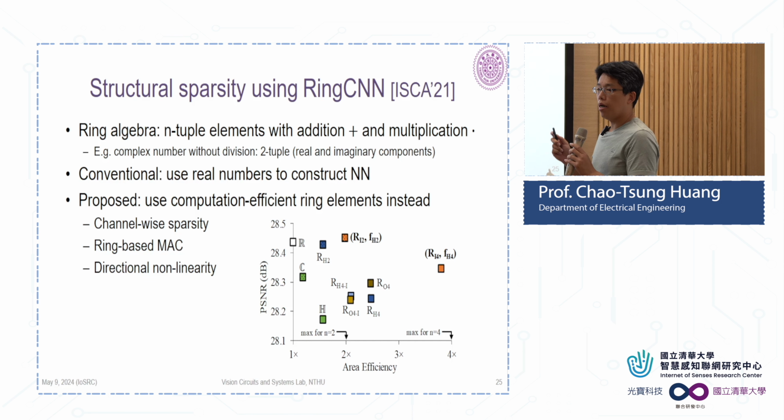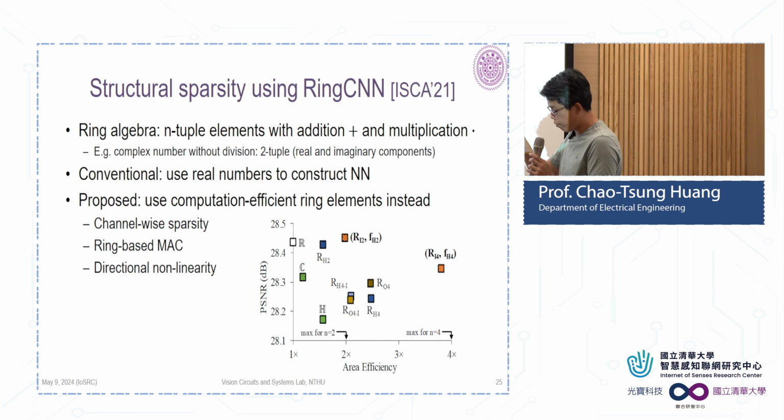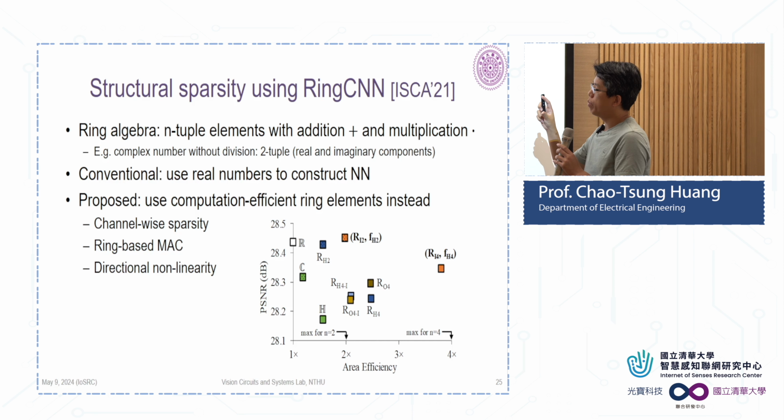So following this line, we suggest that we can combine n real numbers into one new number. And then for this new number system, we can define an efficient multiplication operation. We can define a new multiplication operation to reduce the computation complexity.